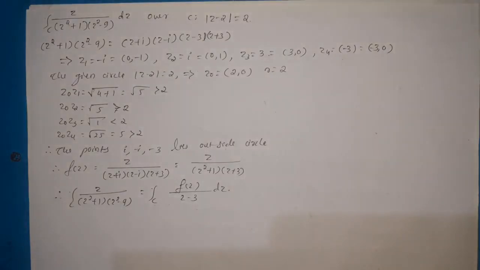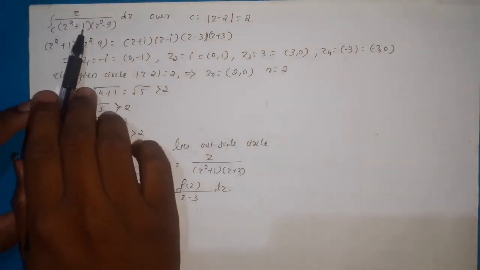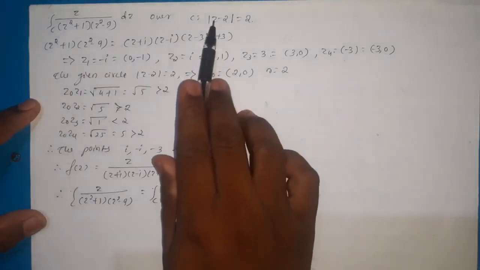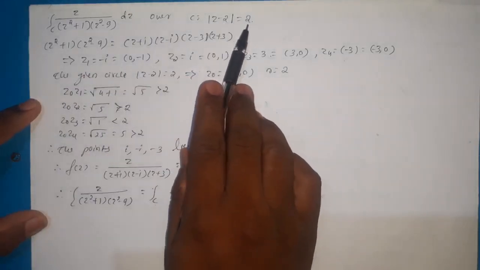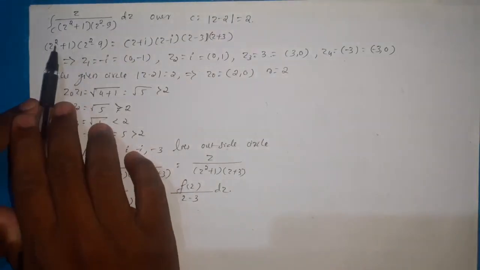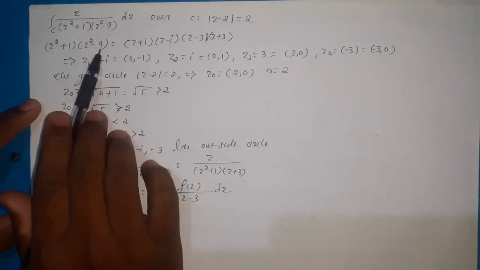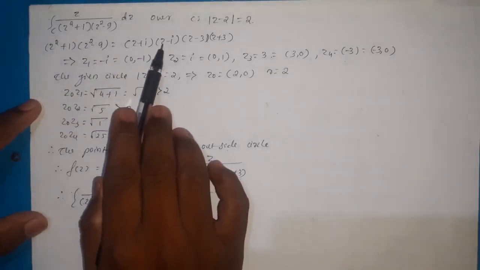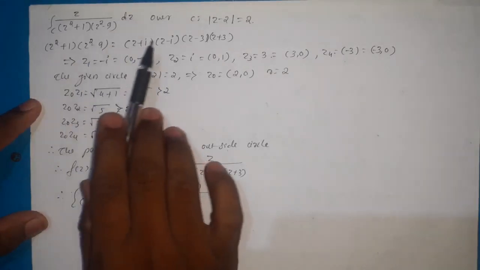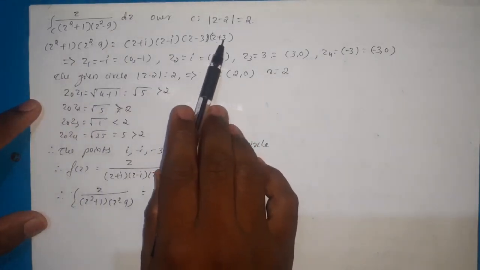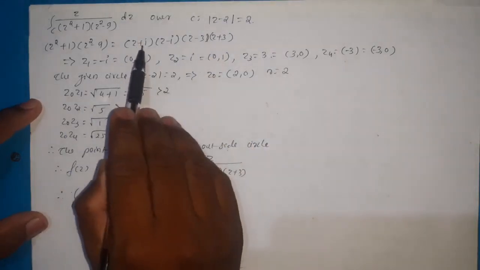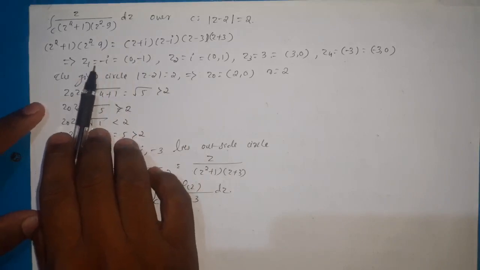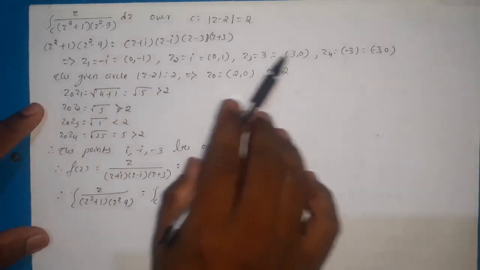Next example, integration over c of z by z square plus 1 into z square minus 9 dz over the circle mod z minus 2 equal to 2. Now consider the denominator z square plus 1 into z square minus 9. So z square plus 1 can be written as z plus I into z minus I, and z square minus 9 is equal to z minus 3 into z plus 3. Here, instead of considering A, we are considering z1, z2, z3, z4.